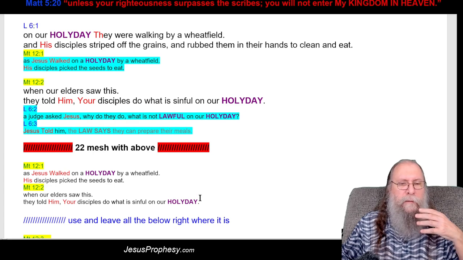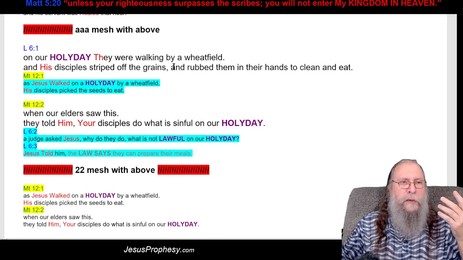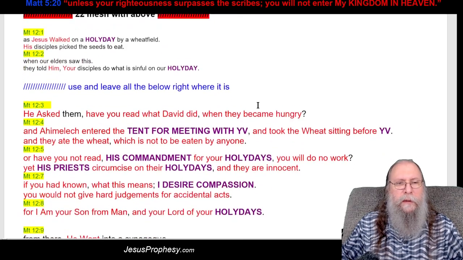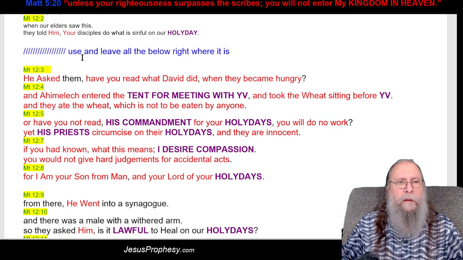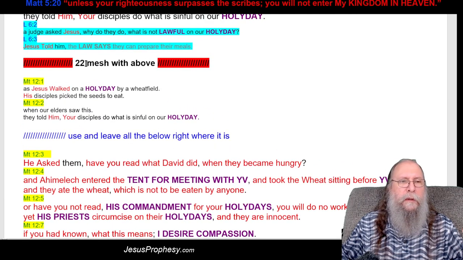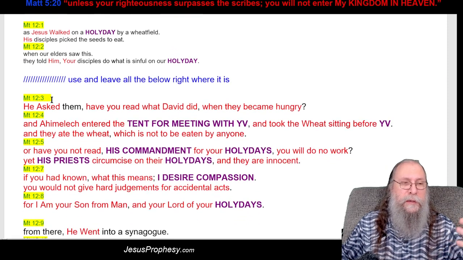Okay, here I found a group in Matthew that needs to be moved. It was with this group. Again, I didn't use any part of the words to here. And then, okay, this group that I'm meshing with the above was that I found this text here, but when I started editing, all this text did not need to be moved.